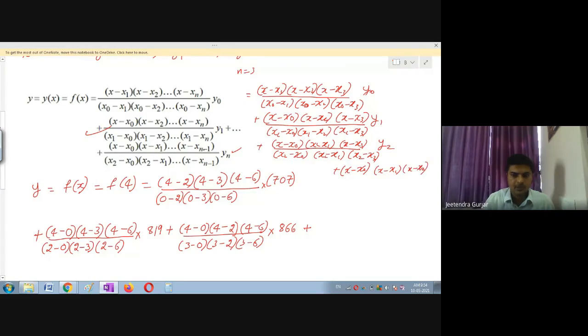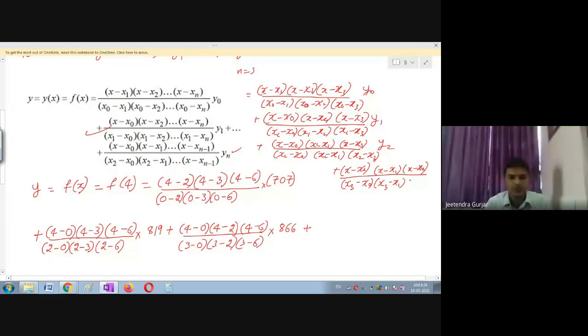So you can see 3 minus 1 is 2. So this is x2, divided by x3 minus x naught, x3 minus x1, and x3 minus x2.